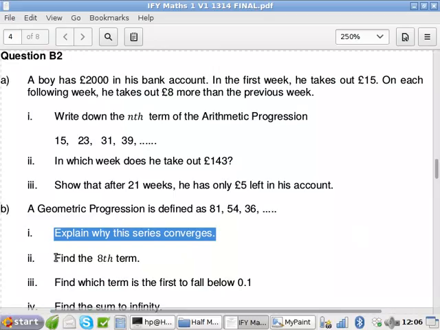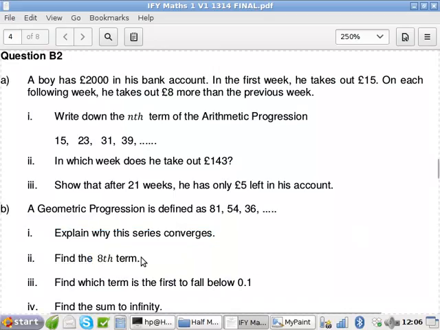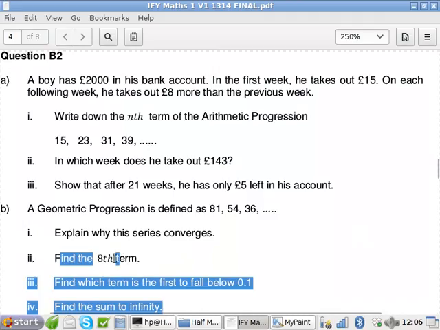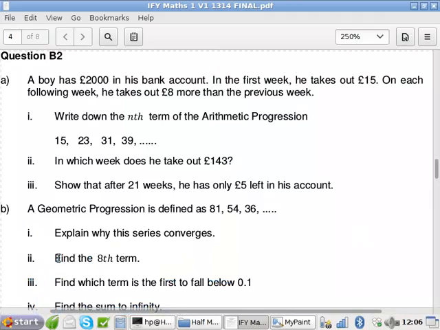Okay. Find the 8th term, please. Good question. What is the formula? And then -1. Yes.